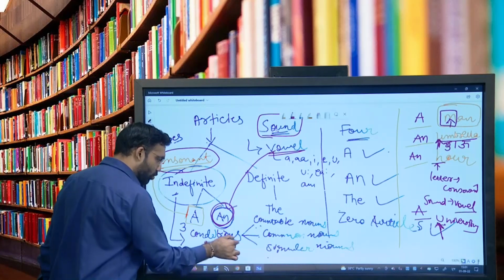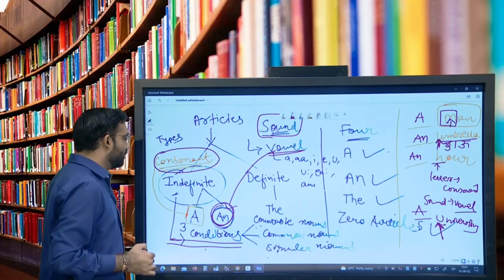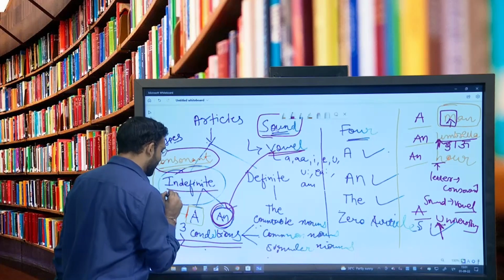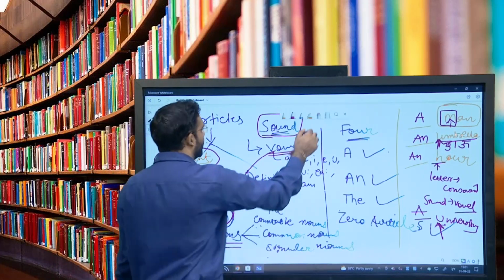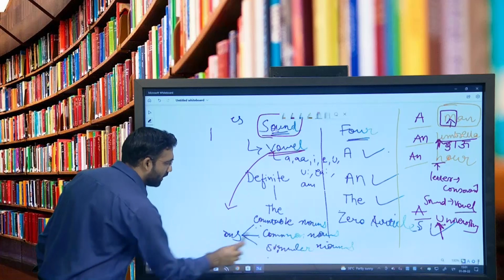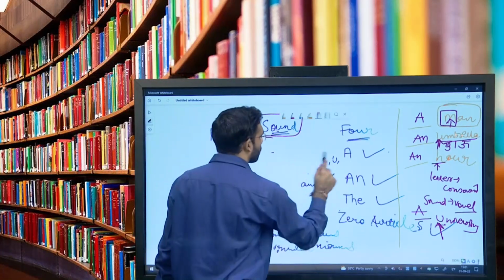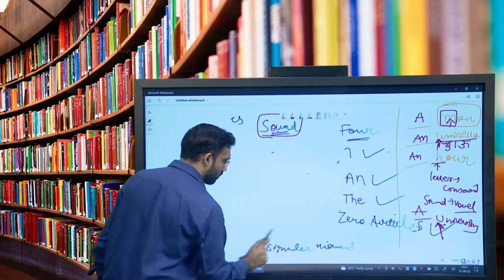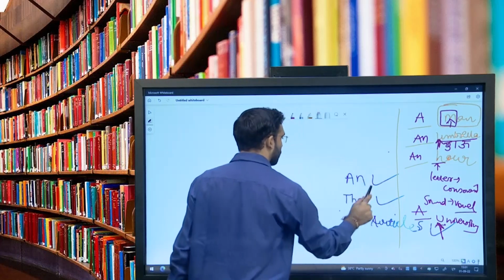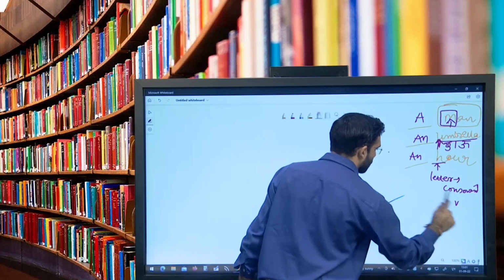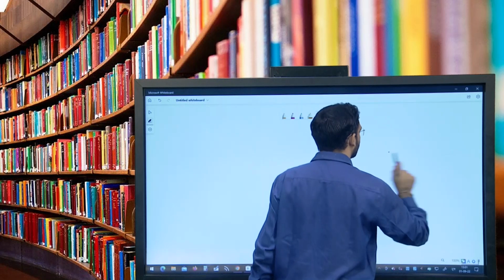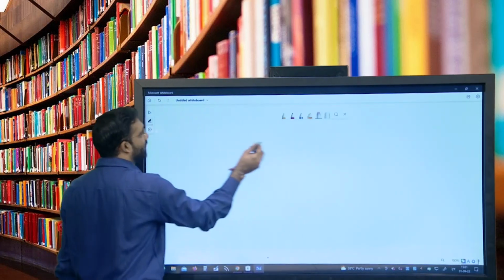Now, we will switch to these three conditions in terms of when you should use this kind of article, the indefinite articles. Let's learn that. I hope this much is clear to each one of you. What are we learning?